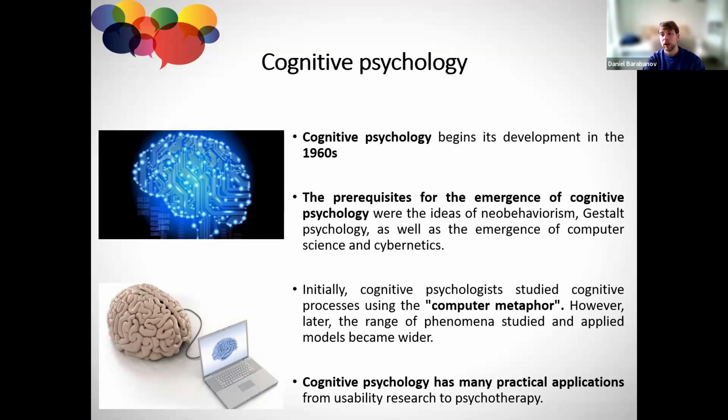While initially cognitive psychologists were mostly focused on fundamental research, after the 1980s they started to focus on different practical applications, which can vary from usability research on how to create better interfaces for computers and cell phones up to cognitive psychotherapy.